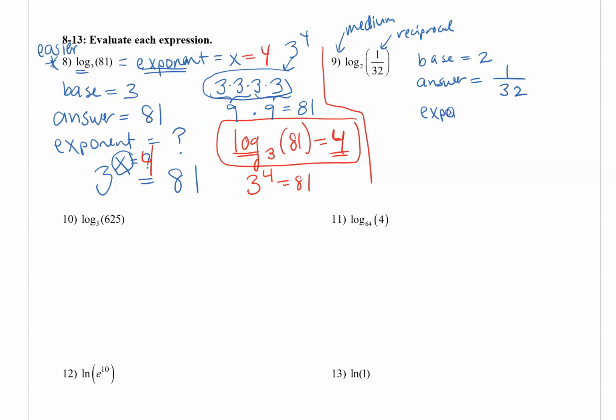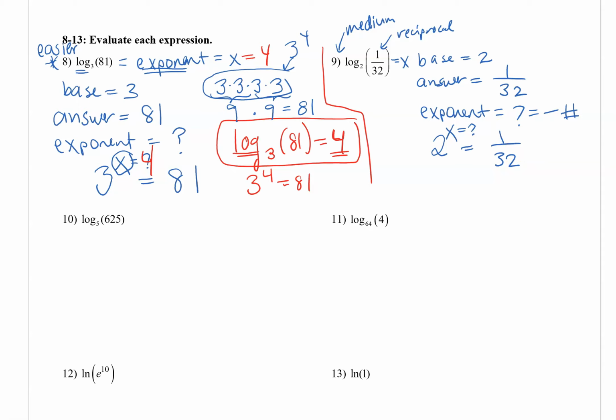So for my exponent, which is what I'm trying to find, maybe we'll call this x for now, right? And think of this as 2 to what power is equal to this fraction. Trying to find the exponent. Well, I know it's got to be a negative number, because that's what has to happen to flip my base over. I need to get a reciprocal of my base.